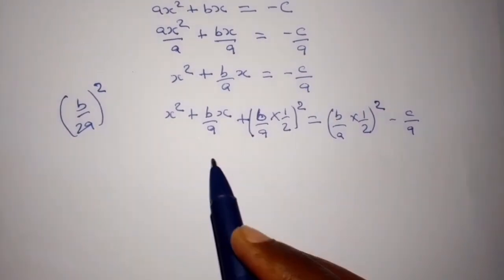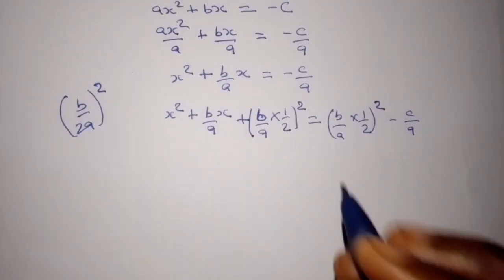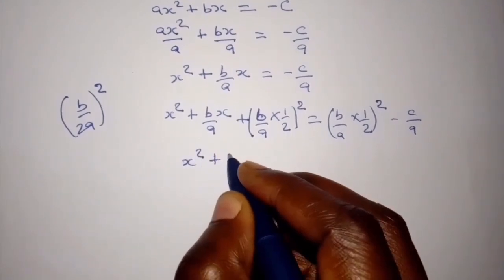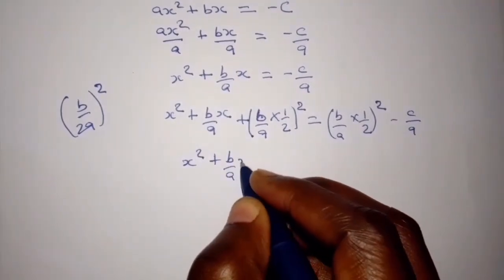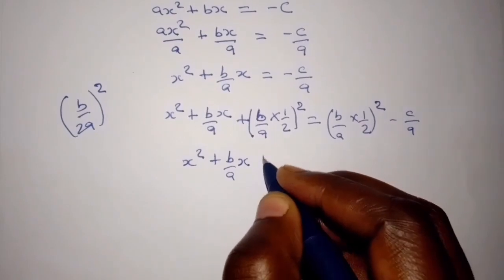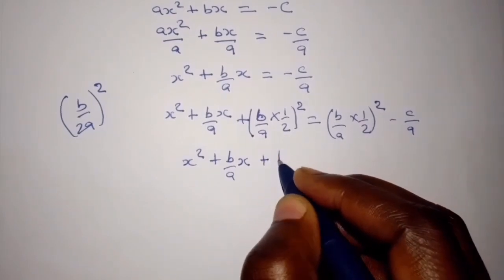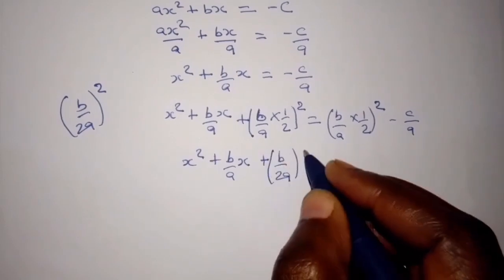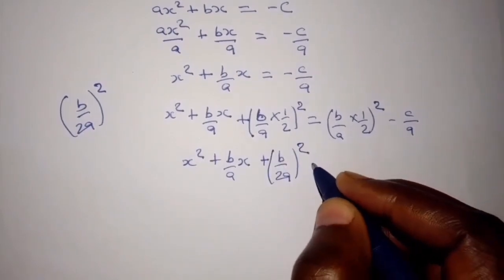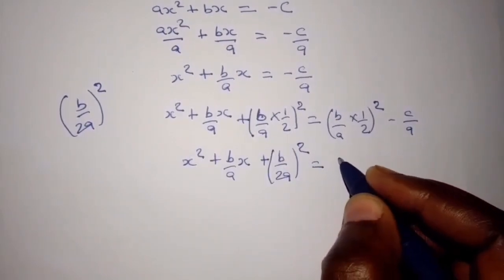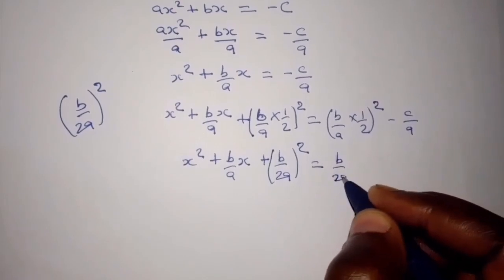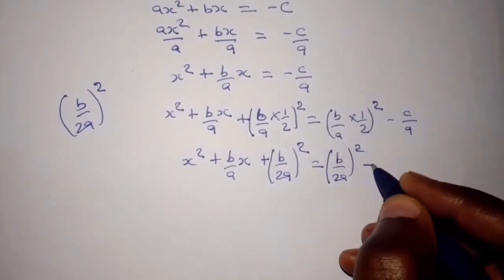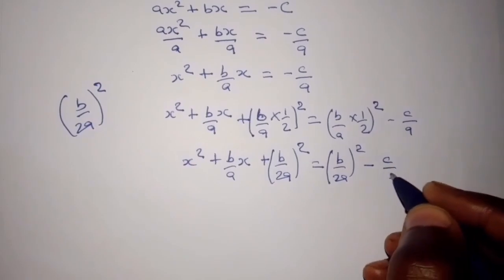So now we can say that this is x squared plus b over a x plus b over 2a squared is equal to b over 2a squared minus c over a.